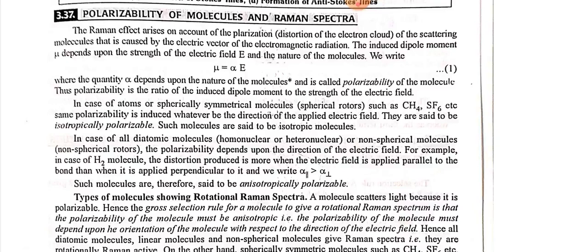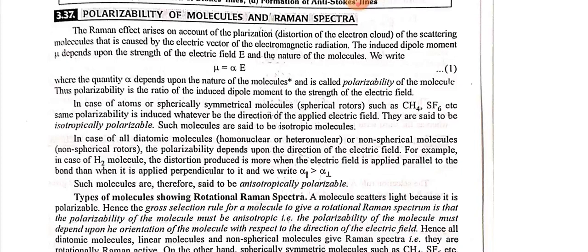The induced dipole moment mu depends on the strength of the electric field E and the nature of the molecule. We write mu equals alpha into E, equation number 1, where the quantity alpha depends on the nature of the molecule and it is called the polarizability of the molecule. Thus, the polarizability is the ratio of the induced dipole moment to the strength of the electric field.